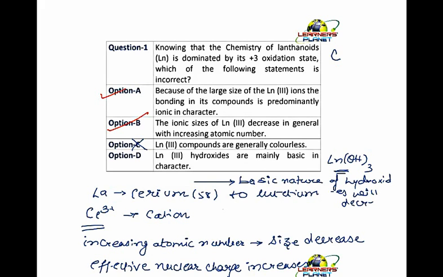Why? Because the size is decreasing, and as the size decreases, the bond strength between the lanthanide and the hydroxyl will be more, and it cannot lose hydroxyl ions easily in the solution. So this option is also correct.